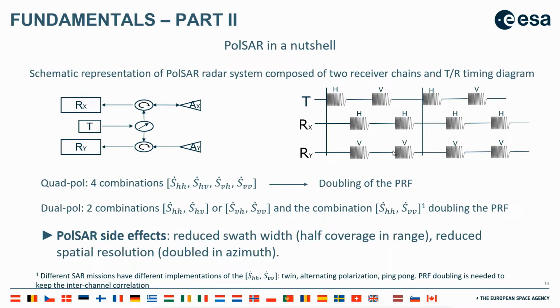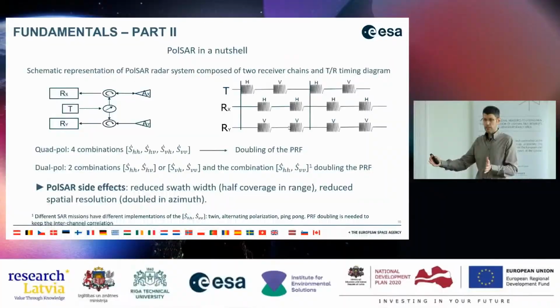And when you double the PRF, you get some side effects on your SAR image. Basically, your swath coverage in range is reduced to half compared to a single polarization. And also the spatial resolution is twice worse in azimuth, not in range.